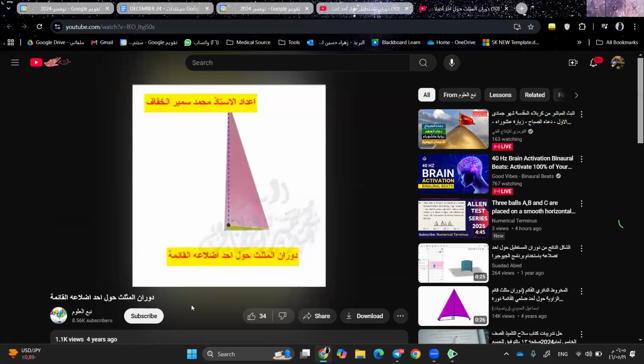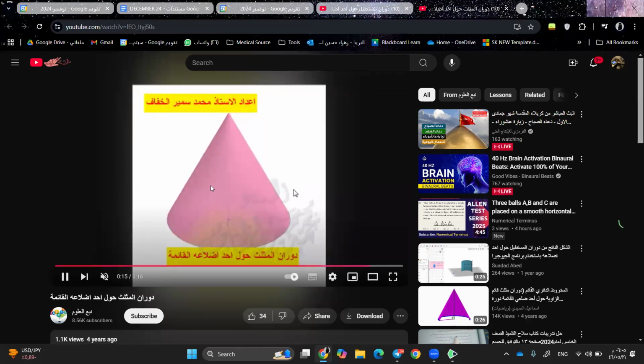So it's going to be what? Here is the triangle, and when it's rotated, you can see here it is a cone. Okay, it is a cone.